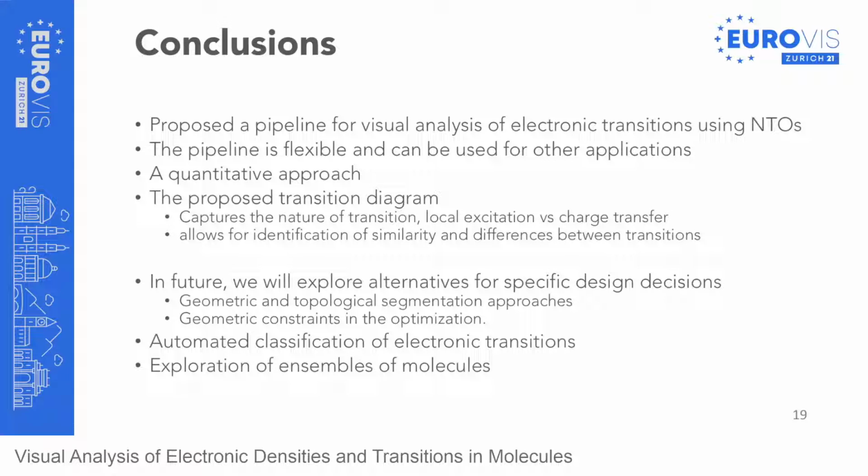Similarly, during the charge transfer computation, we use an optimization setup. Here, we want to introduce additional constraints based on geometry and topology, etc. Further, we want to explore ensembles of molecules and do automatic classification of electronic transition.